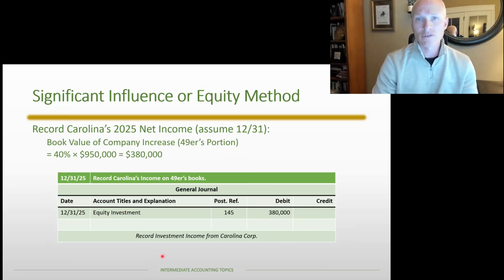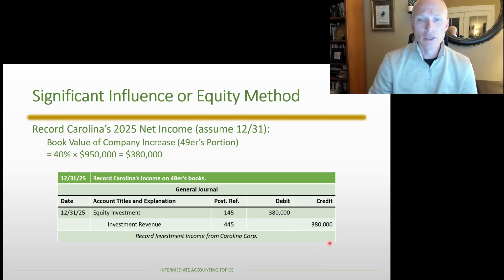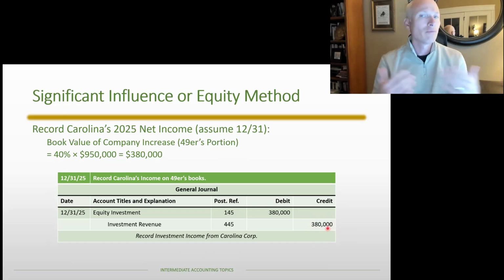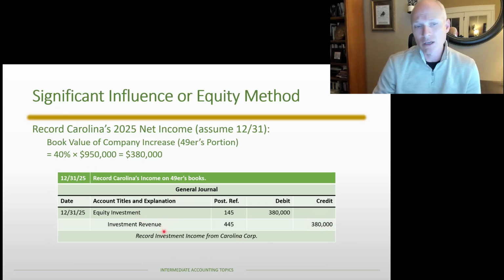Whenever the investee reports net income, I will report investment revenue at that point in time, because their ability to pay a dividend went up. That's income to me. If there had been a loss, then we just flip this. The equity investment would be a credit, and the investment revenue would be reported as a negative, probably still using the same account name.